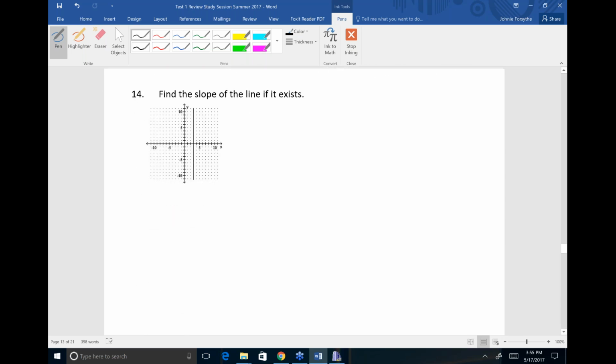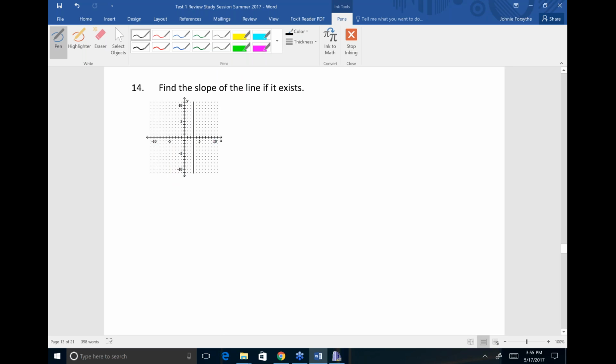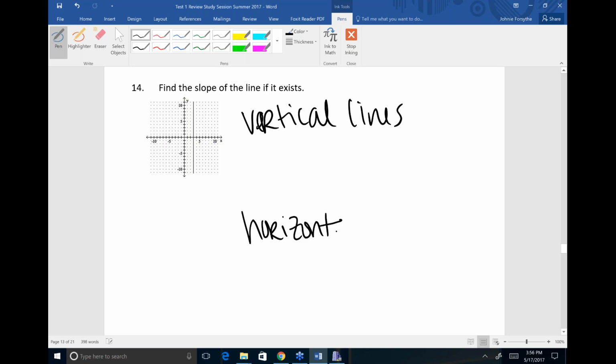Find the slope of the line if it exists. So looking at a graph, this is a vertical line. So something to remember with vertical lines and horizontal lines.